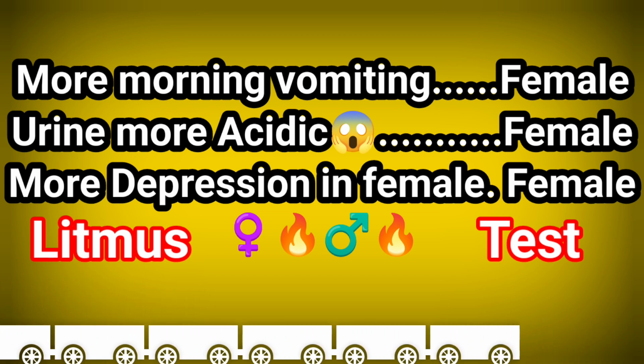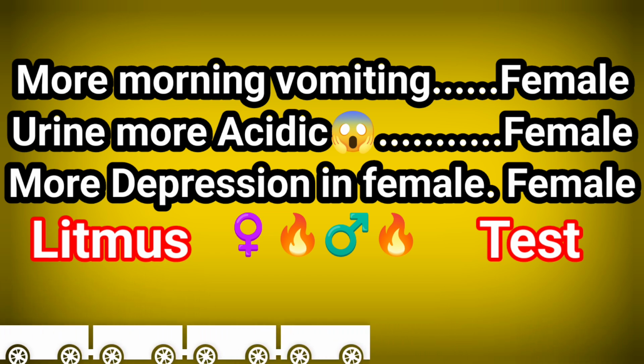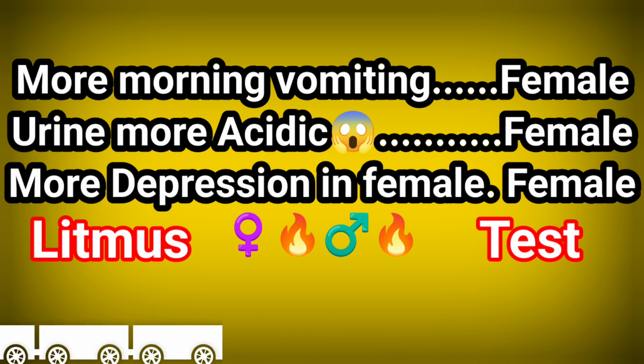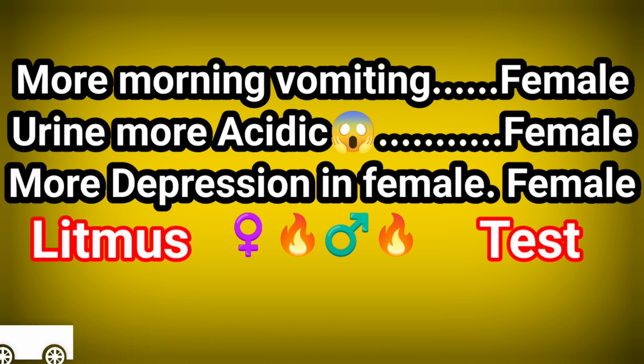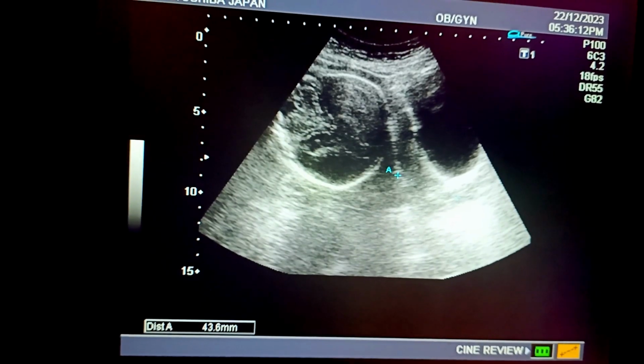There is more depression in the mother when she is carrying a female baby. The urine pH can be tested with the help of litmus paper. The red color shows the acidic pH of the urine, due to the estrogen and progesterone hormones secreted in the urine, which shows the female gender.